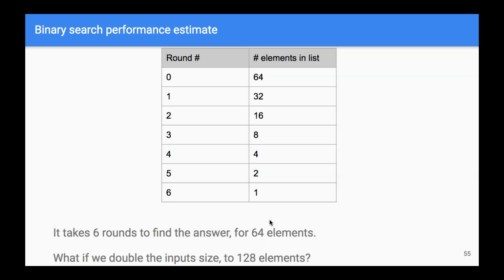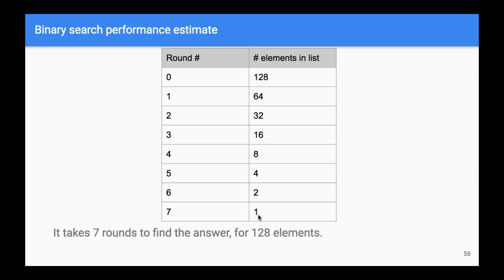So, okay, let's double the input size to 128 elements. How many rounds do you think it's going to take to search for a key in a list of 128 elements? Well, it should take just one more round than before, right?